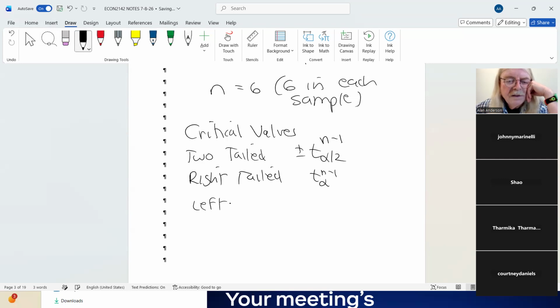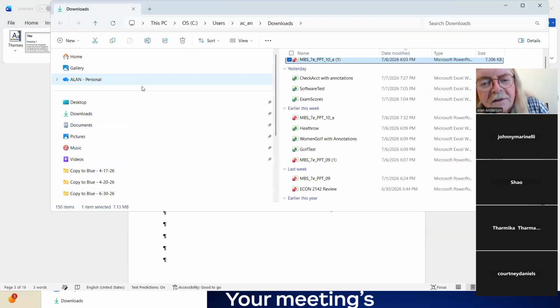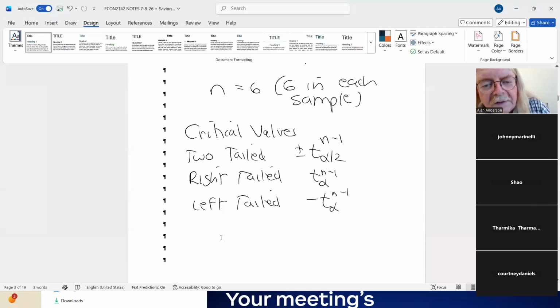Left tail, just the negative. So I believe in this case, alpha was 0.05.